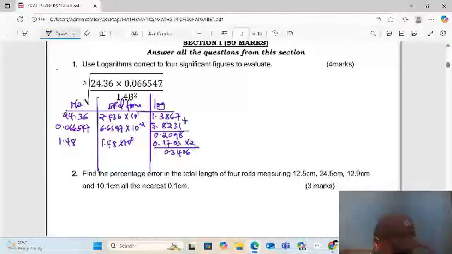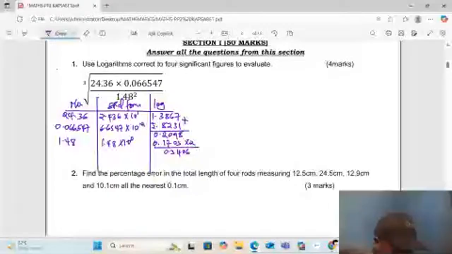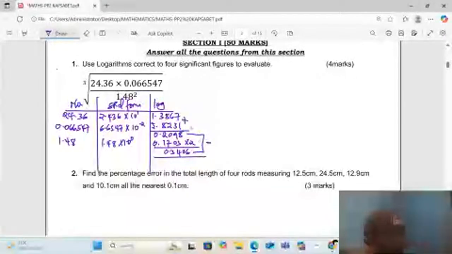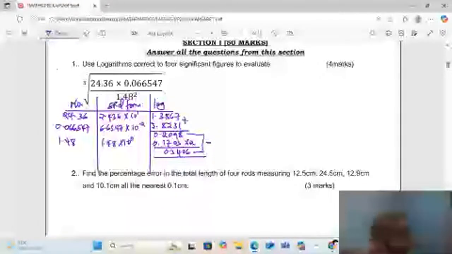Remember, the numerator we are dividing, therefore we are going to subtract the 2. So this and this we subtract. This is what we are going to arrive at. We subtract 0.3406 from 0.2098.